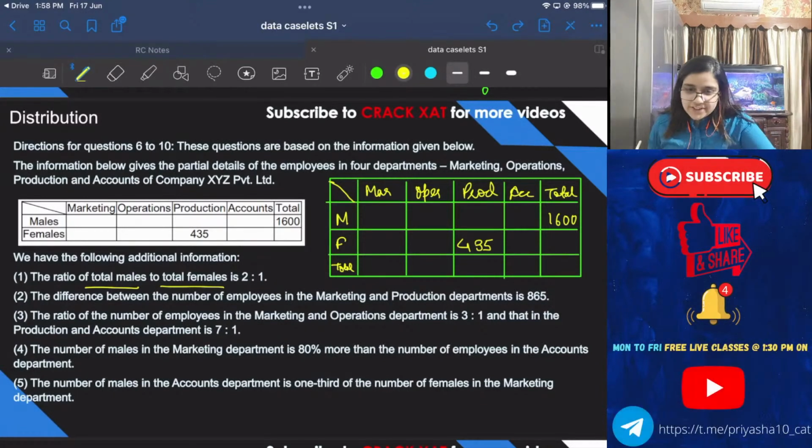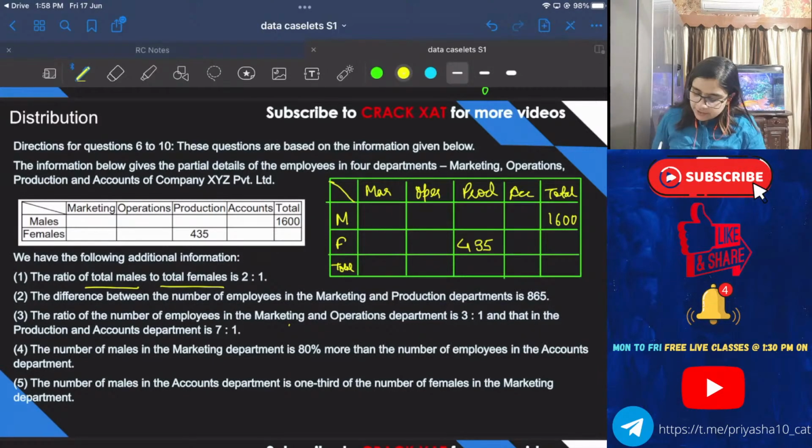You have to go by ratios. They are saying that the ratio of the number of employees in marketing and the operations department is 3 is to 1. Okay, Setu, no problem, that's totally fine. The ratio of marketing and operations is 3 is to 1, and the ratio of production and accounts department is 7 is to 1.